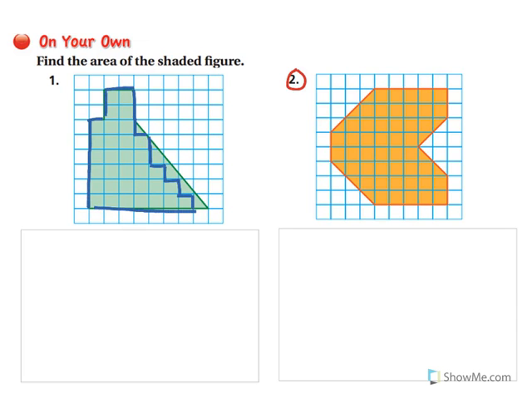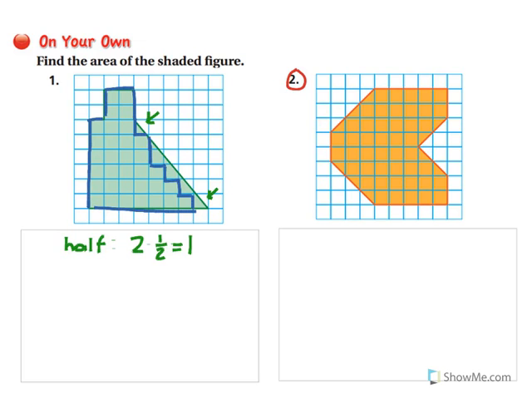I see over here and over here appear to be the only 2 halves. They look really close to being halves. So for the half pieces, there are 2 of them. So 2 times 1/2 equals 1.